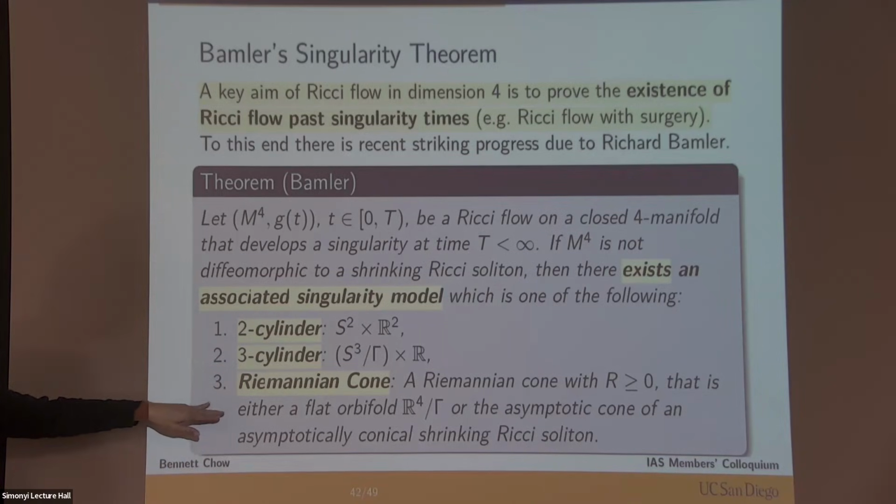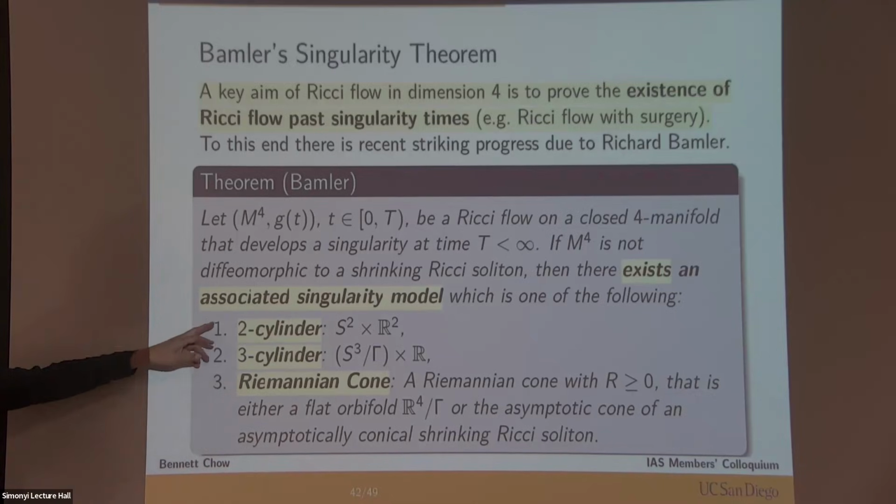So that's not true in general, but you either have that or an asymptotically conical shrinking Ricci soliton. So you have these 3 possibilities. But that doesn't mean that the full picture of the singularity looks like that, right? Just like Eguchi-Hanson, you could see this as part of the singularity, but then it looks different, like for example, the Bryant soliton.